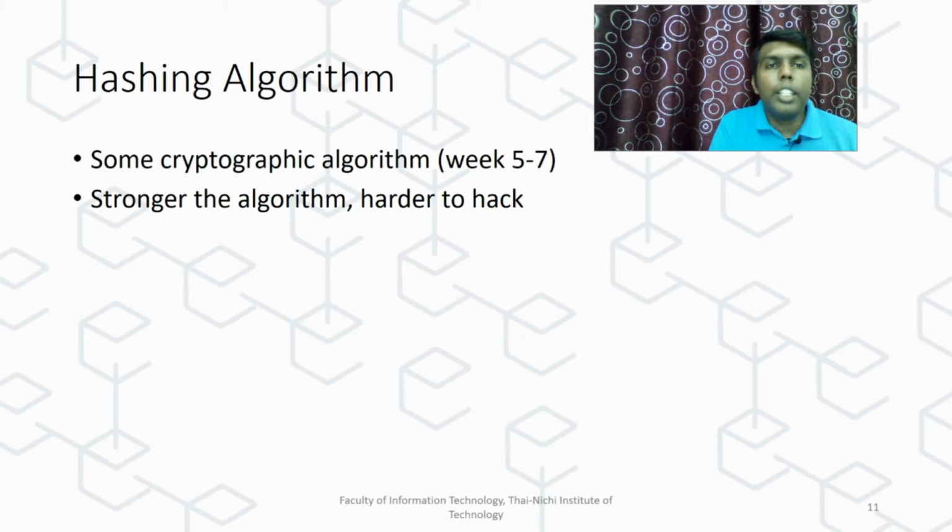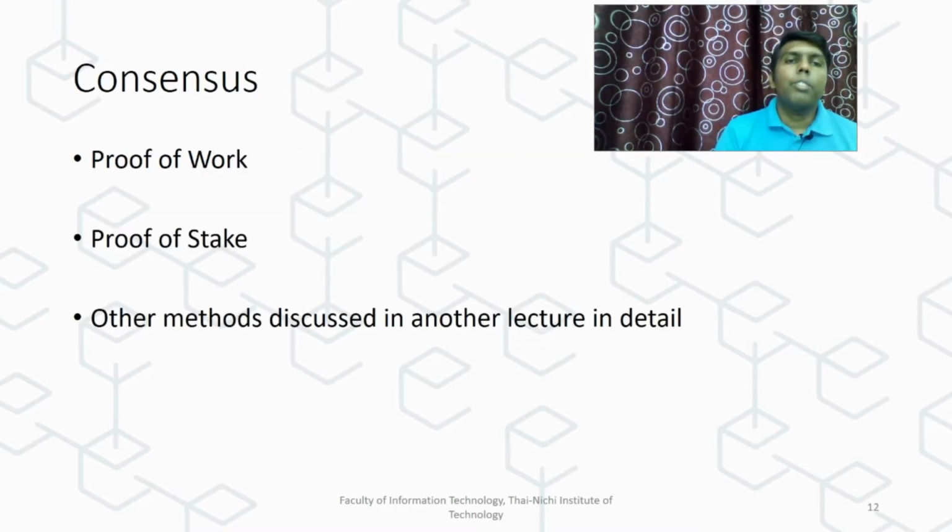And then these algorithms are harder to hack, and it is not easy to hack within the time span of the algorithm's performance. And then we have consensus. Where do we use the consensus? When we send a transaction across a network having n number of nodes, for verification there are a lot of consensus algorithms which do a consensus mechanism which will verify whether this transaction has to be approved or not.